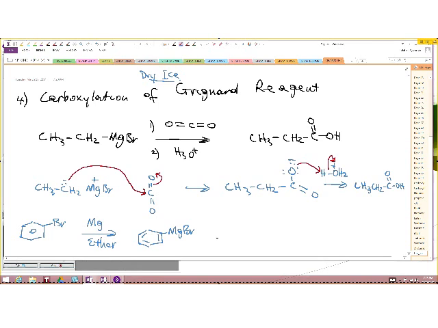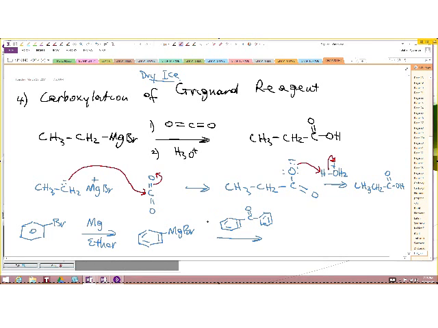So once you form this Grignard here, you are going to add whatever you need to add. I believe it is this ketone here. This ketone is called benzophenone.